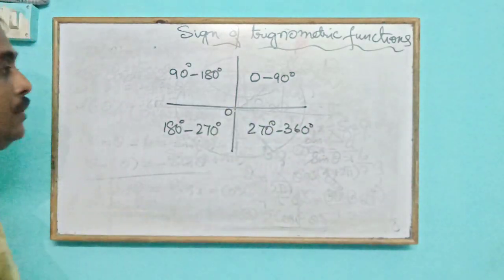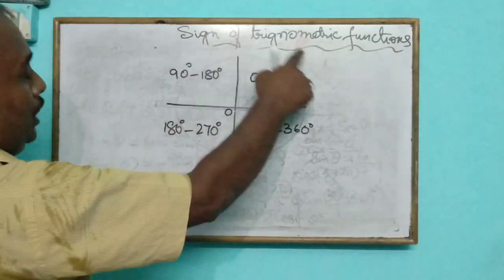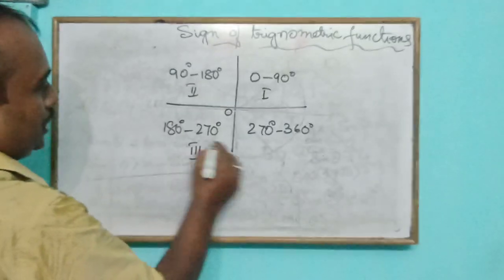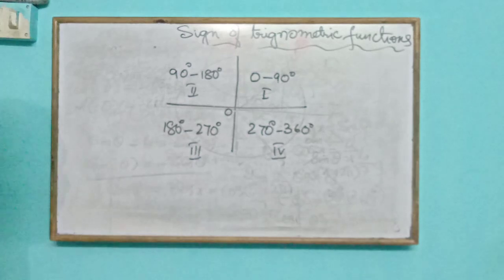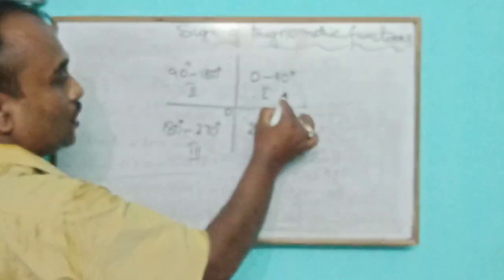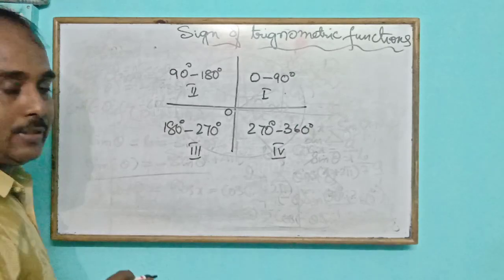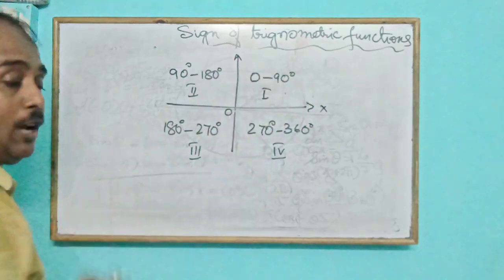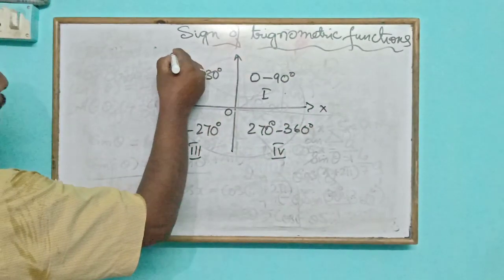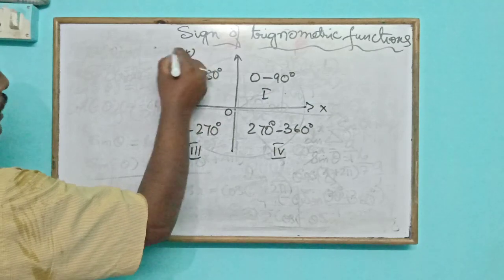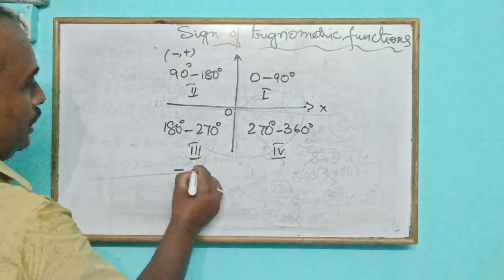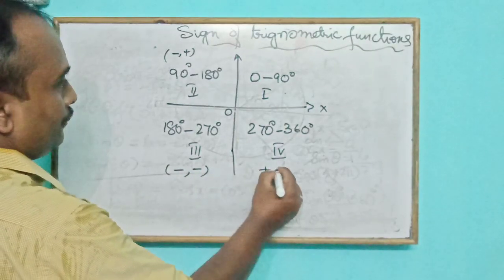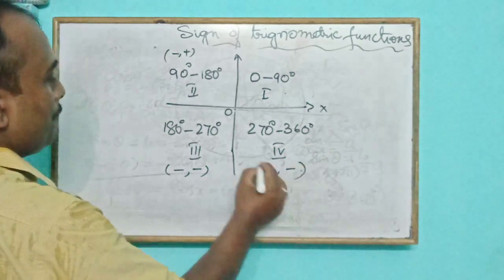So I have divided the whole plane into 4 quadrants. This is the first quadrant, this is the second quadrant, this is the third quadrant, this is the fourth. Here both x axis and y axis have positive sides, so the values of the x coordinate and y coordinate both are positive. Here x is negative, y is positive. Here x is negative, y is negative. Here x is positive, y is negative.